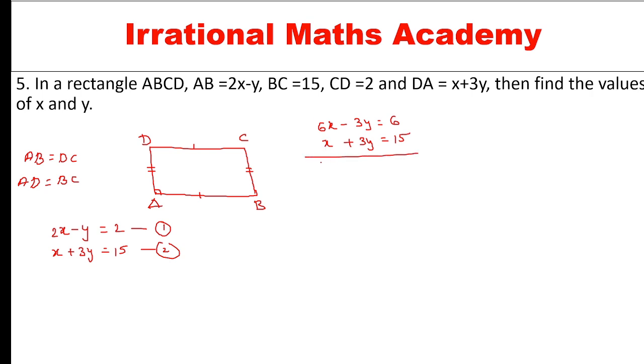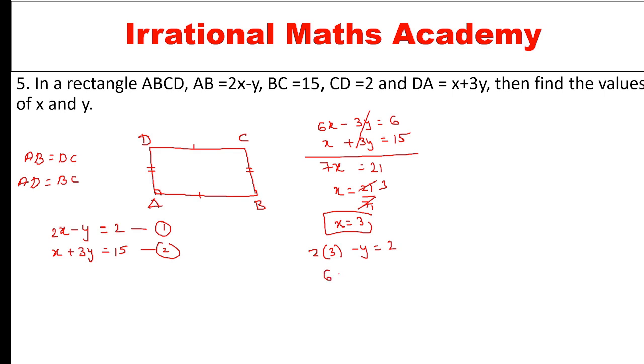If I add these two, I get 7x, minus 3y plus 3y gets cancelled, and 15 plus 6 is 21. x equals 21 by 7, 7 threes are 21, so x value is 3. Now I want the y value. 2 into 3, 6, minus y equal to 2.